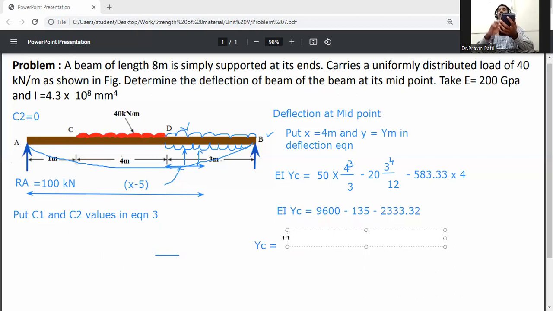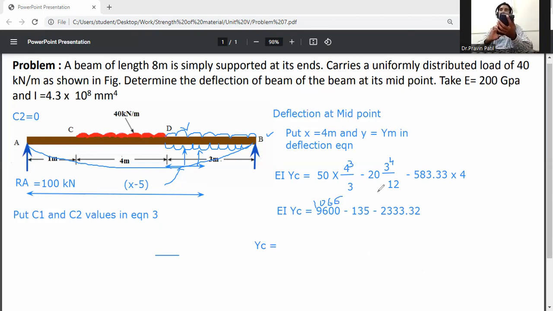Sorry, the first term, 4 raised to 3 divided by 3 into 50, is 1066.67, not 9600.